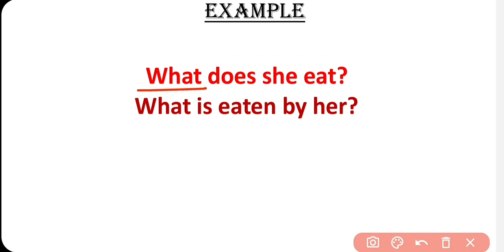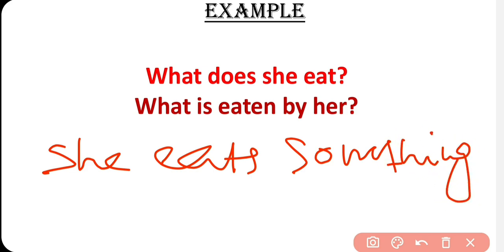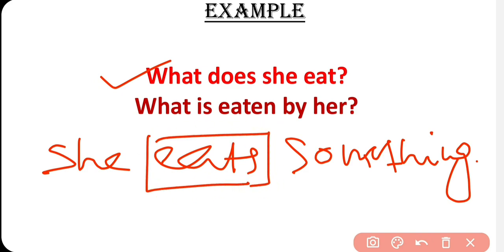In place of what you can take something. So if I have to make the assertive form, what will be the assertive form of this sentence? Notice: she eats something. She eats something. It will be the assertive form of this interrogative sentence. So here it will be eats because here I have used does.